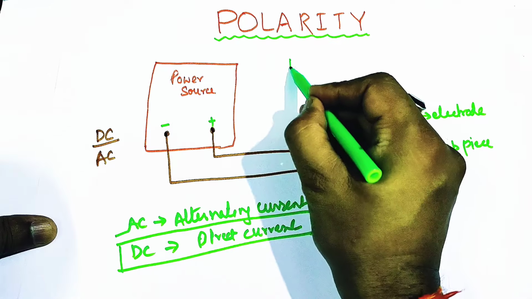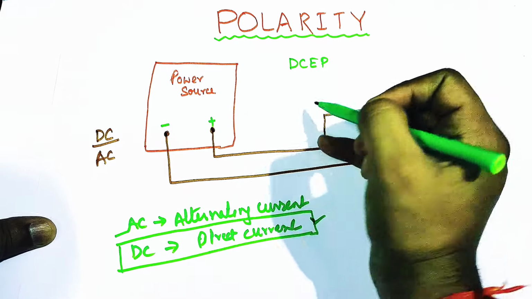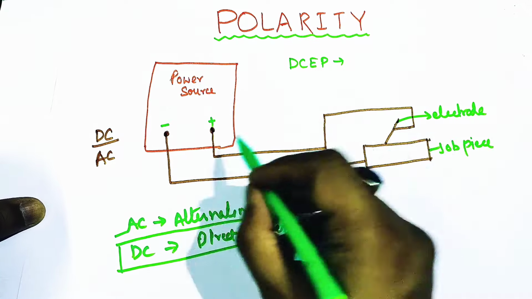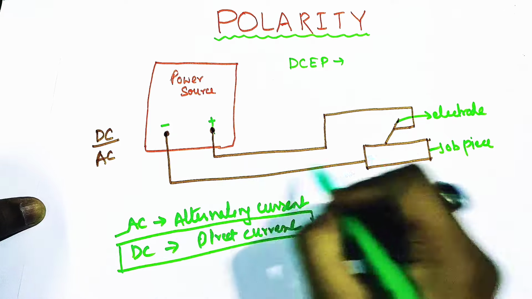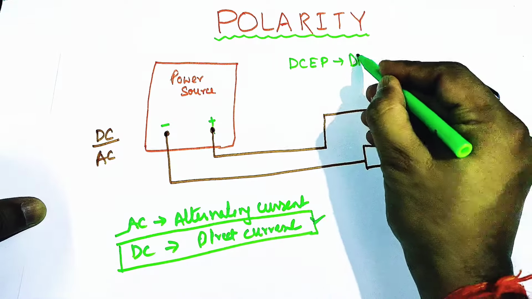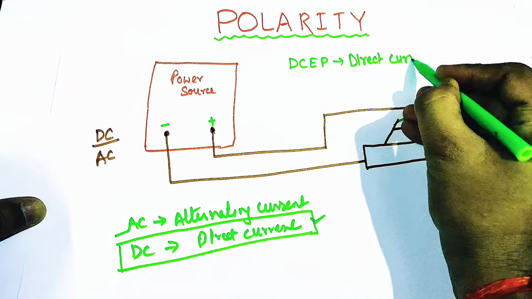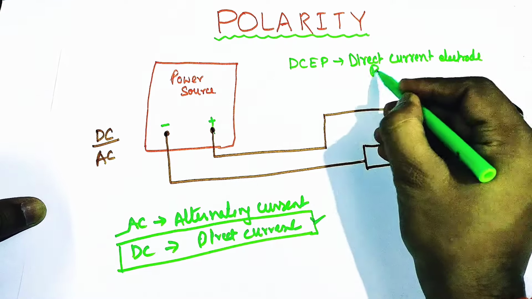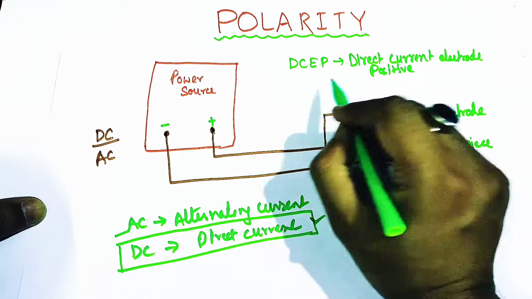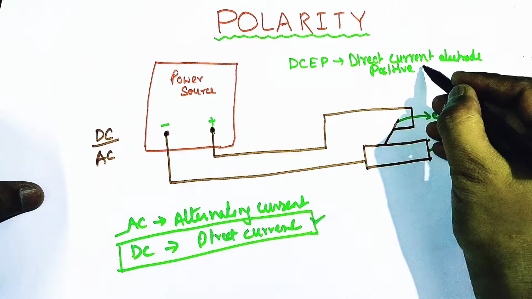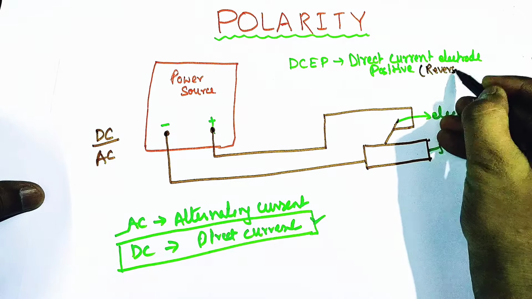First configuration can be DCEP, that is if the electrode is connected with the positive terminal of the machine and the job piece is connected with the negative terminal of the machine, then it can be called as direct current electrode positive, DCEP. So this is how DCEP is given the name. It is also called as reverse polarity.